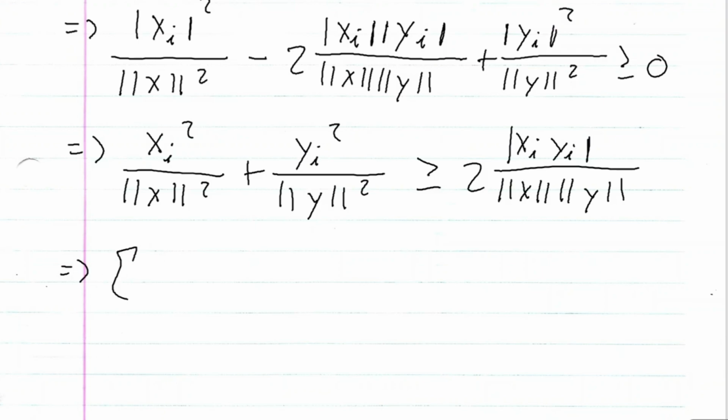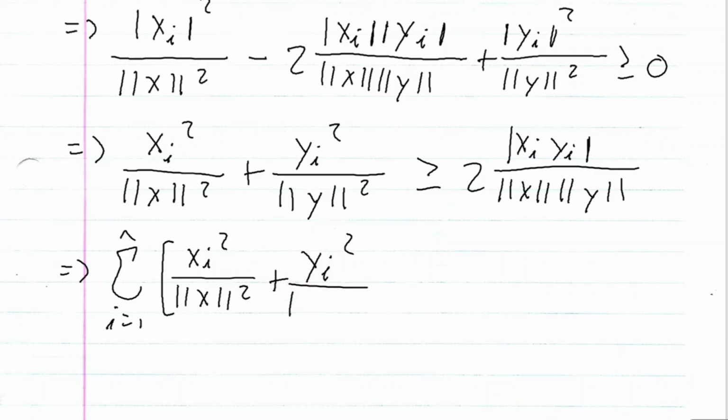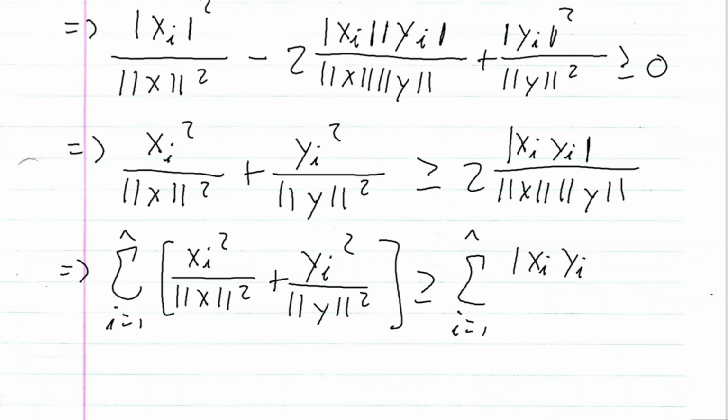This implies that the sum from 1 to n of x_i squared over the norm of x squared plus y_i squared over the norm of y squared, that sum of all of these components in x and in y, is going to be bigger than or equal to the sum from 1 to n of 2 times the absolute value of x_i y_i over the norm of x times the norm of y. Right? Oh, 2. Can't forget that 2, right? Let me fix that really quick. So that 2 right there.